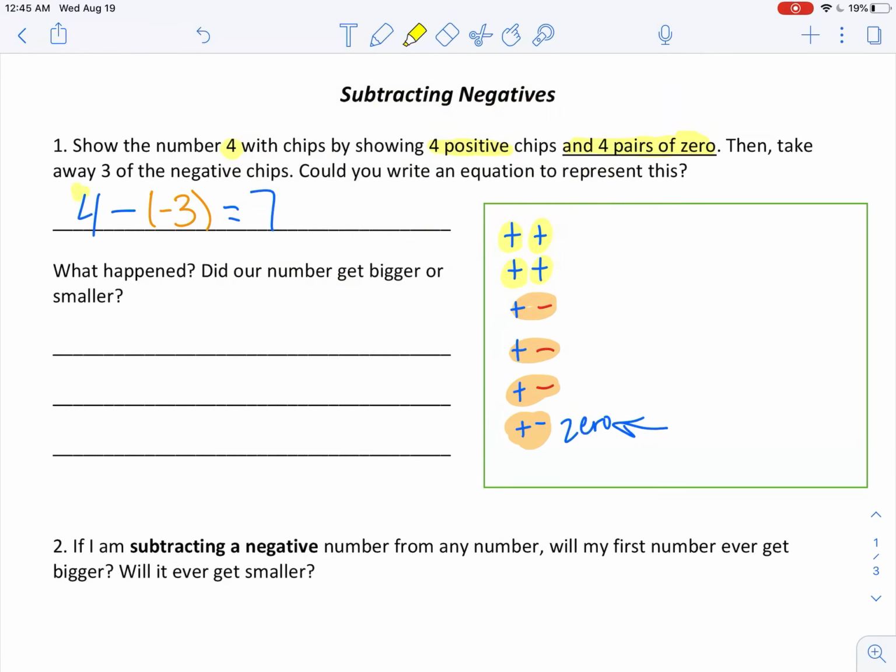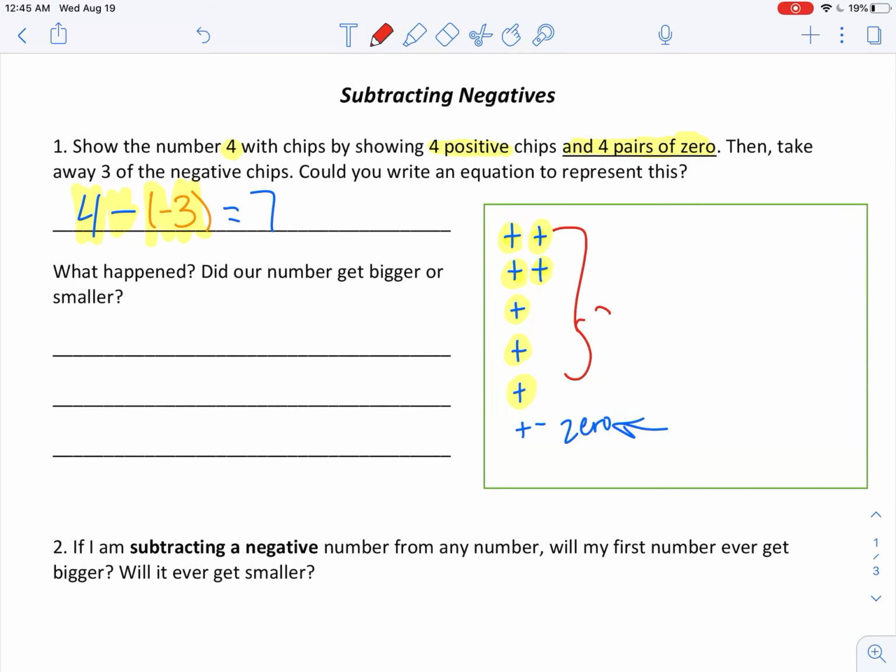So we started with 4 positives, and I said take away 3 negatives. Well, what happened? If I take away these 3 negatives, then what am I left with? I've got 1, 2, 3, 4, but also 5, 6, and 7. So now here I'm left with 7 plus 0, or just 7, which is just mind-blowing.